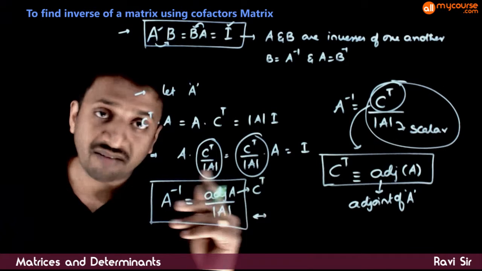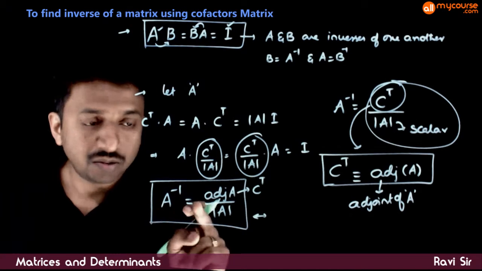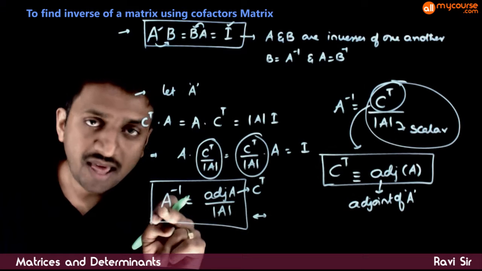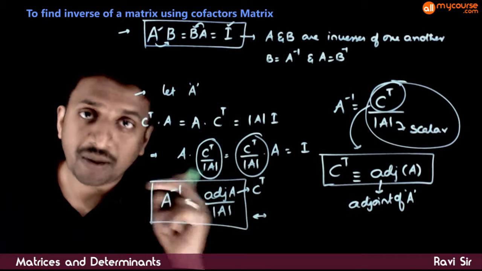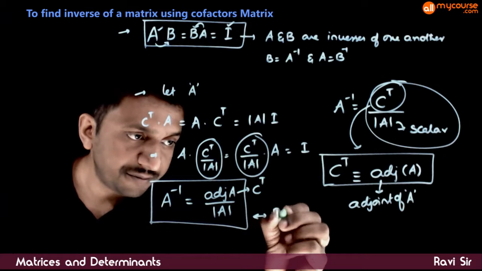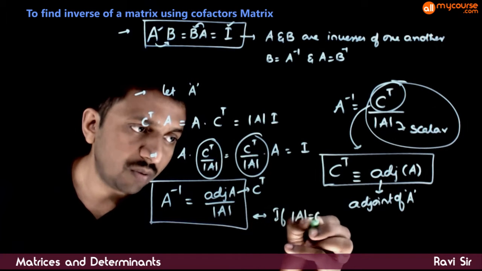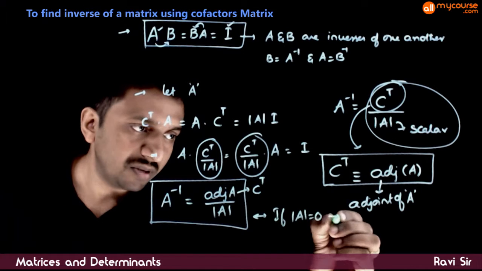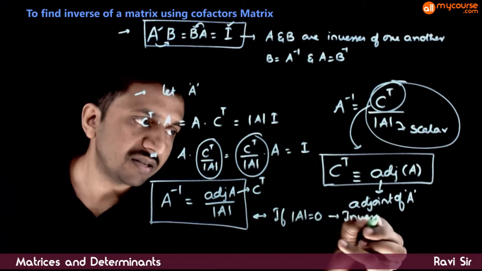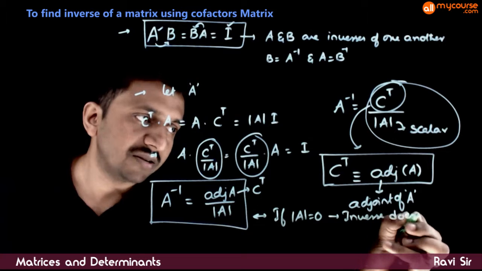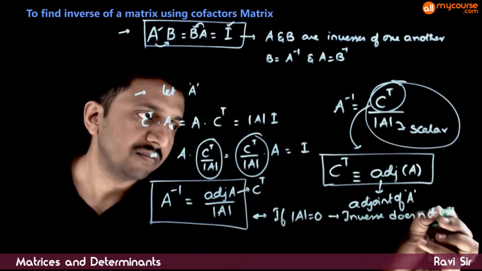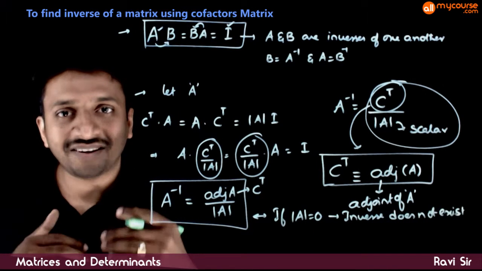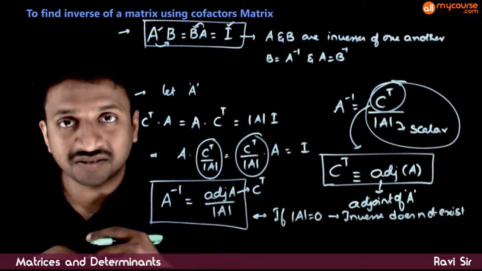Now, you have a slight problem here. What is the problem? A inverse is adjoint A by det A. If det A is equal to 0, the inverse does not exist. That means all matrices do not have inverses.